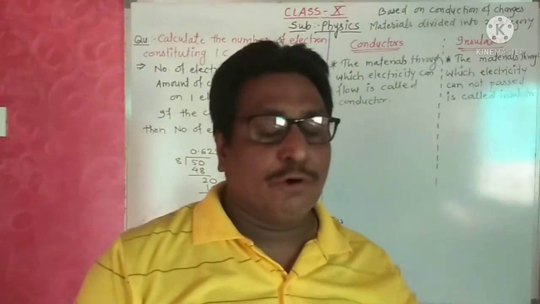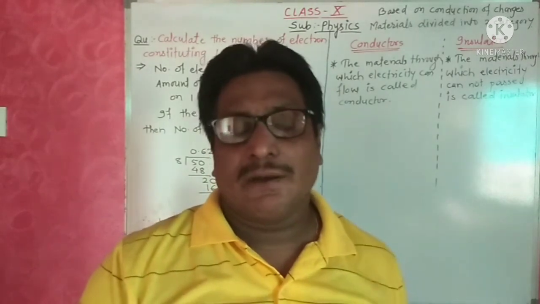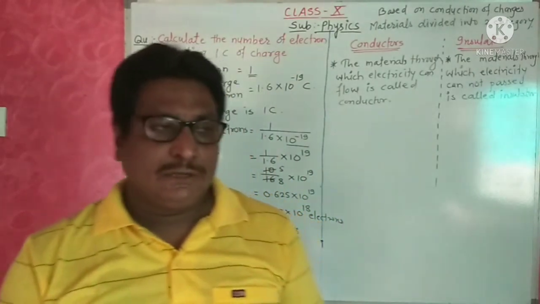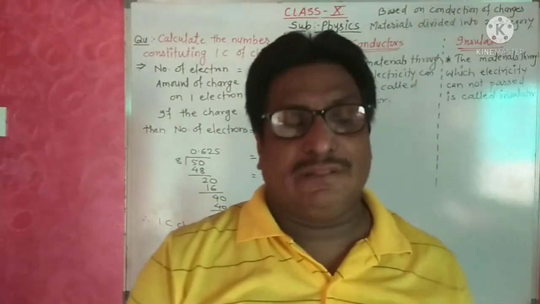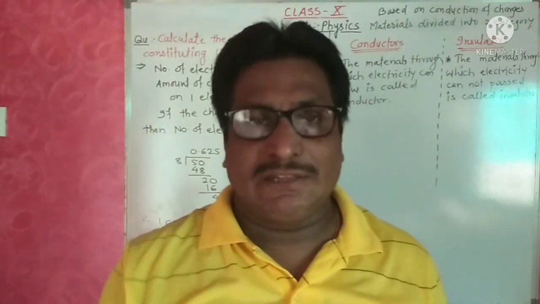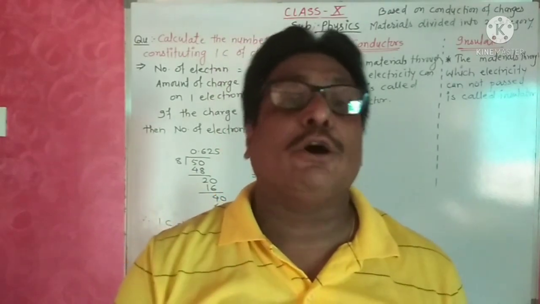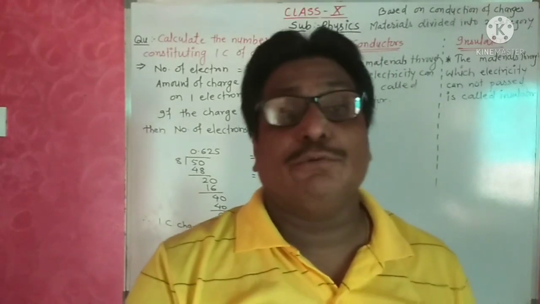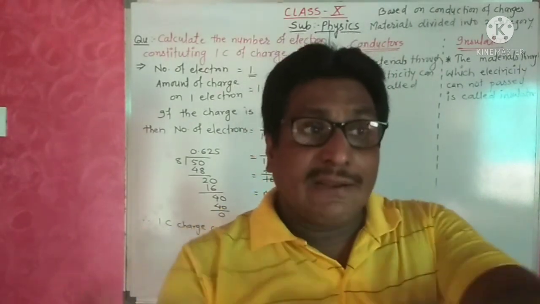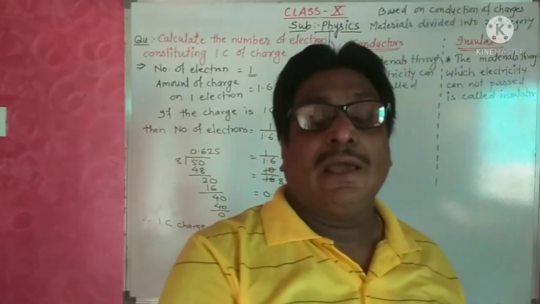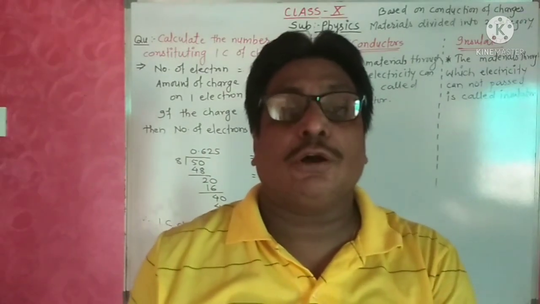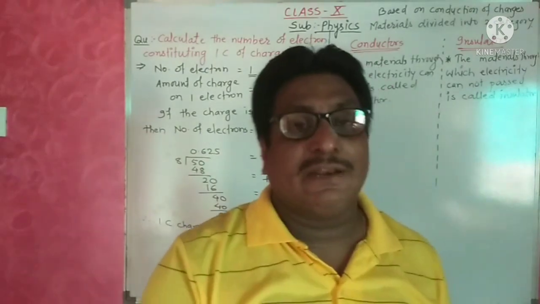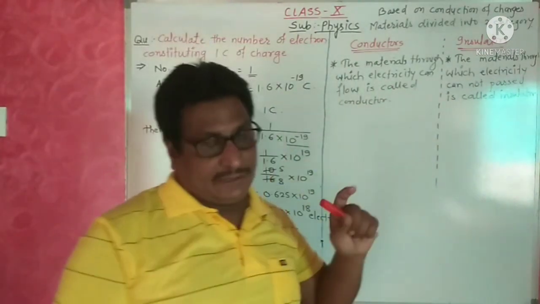For example, wood, plastic, rubber. If you connect electricity to these materials, electricity cannot flow in them. If you touch the other end, you will not get any kind of electric shock. But if it is metal, you will get the shock. Why? Electricity can flow. And why will you not get the shock here? Because electricity cannot flow. So such materials we call insulators.